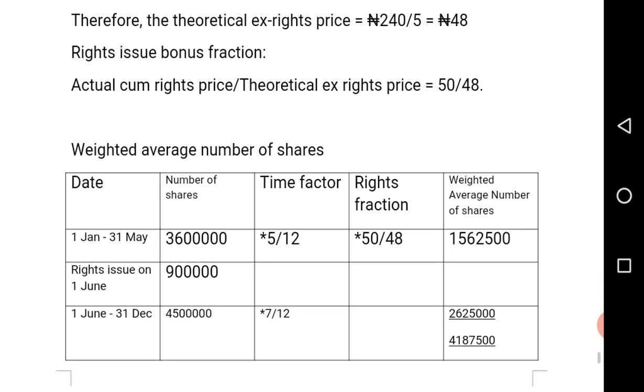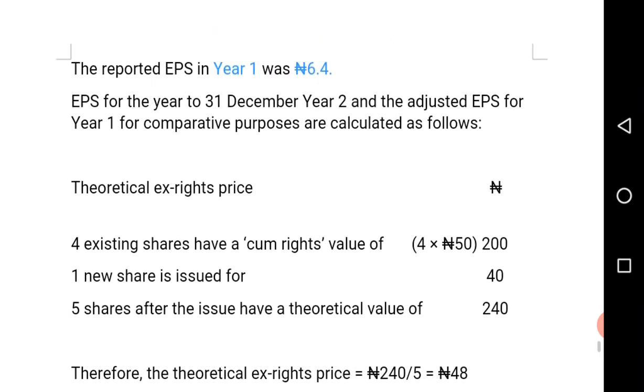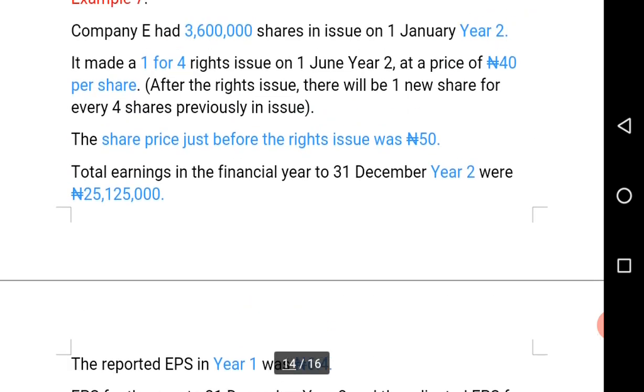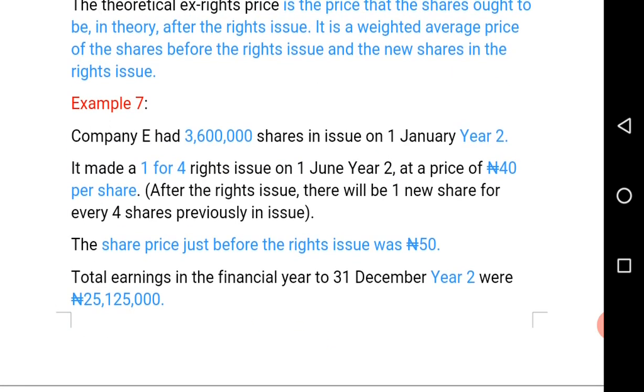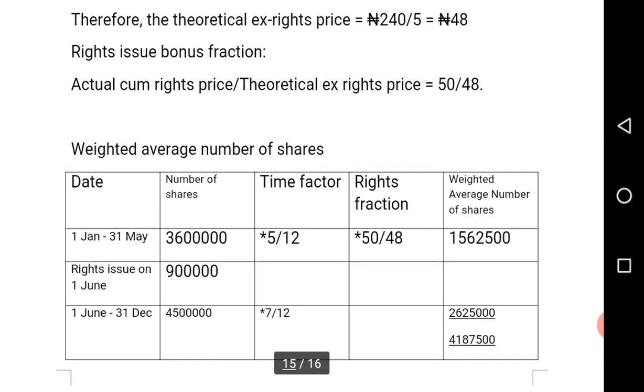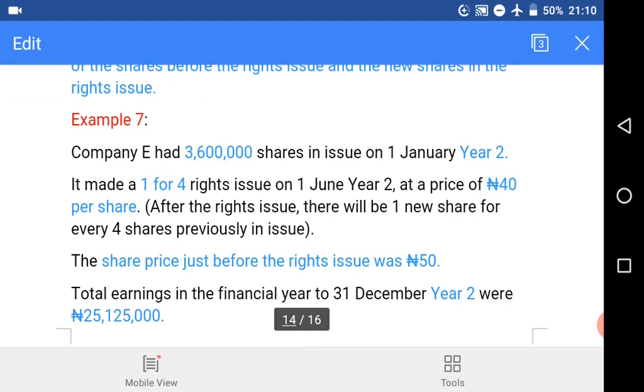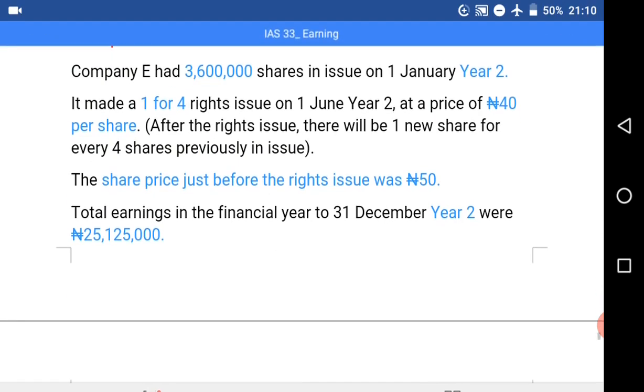Then the weighted average number of shares, we have a table here. 1st January to 31st May. Let's see the question. 1st January, then on June, new shares were issued. So the month before June is May. 1st January to 31st May, we have 3.6 million shares in the question here.